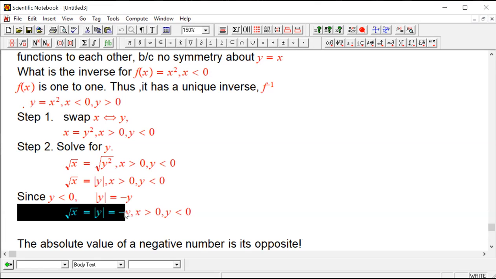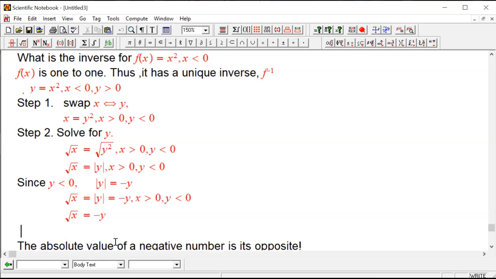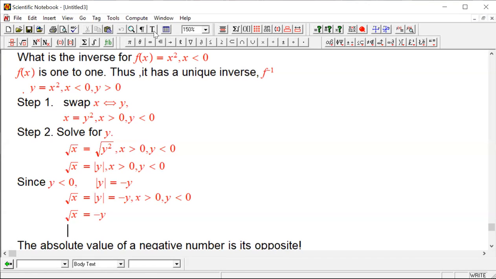So we end up with square root of x equals negative y. And then we know how to isolate y, right? Now y is negative square root of x. This is really your homework question.